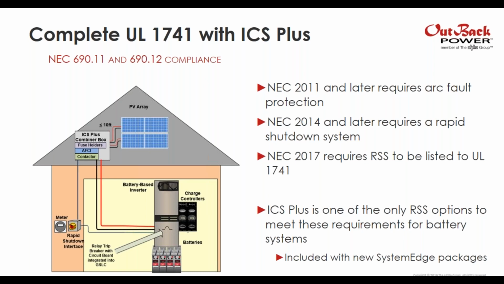So this meets the current requirements of the 2017 code in that it's a listed solution, and when it's deployed in a SystemEdge package like this with other OutBack hardware, that whole system is listed together to 1741 as a rapid shutdown solution.